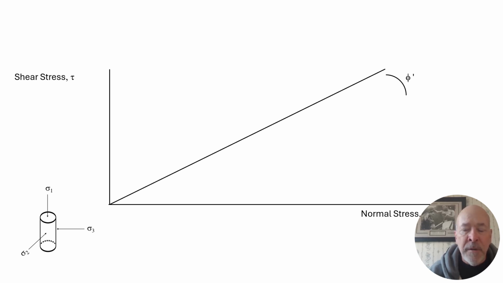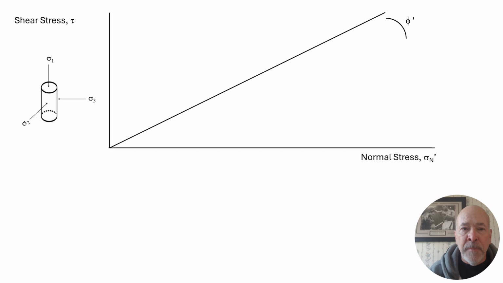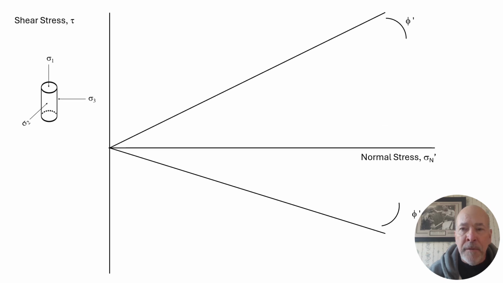Let's go back to our normal stress, shear stress axes. Scoot that up a little bit so we can have our compression and extension, and get back to our Mohr circles.